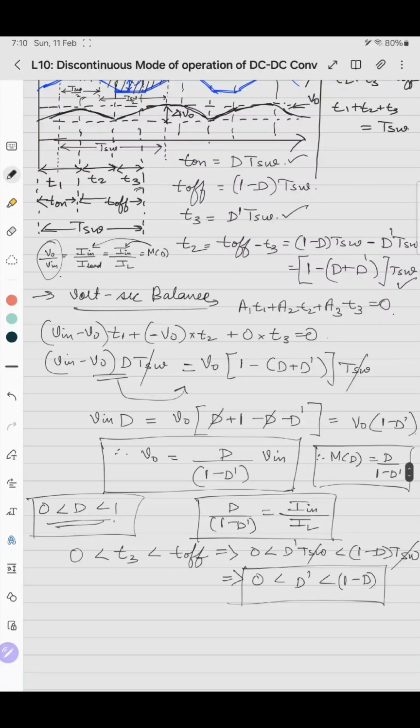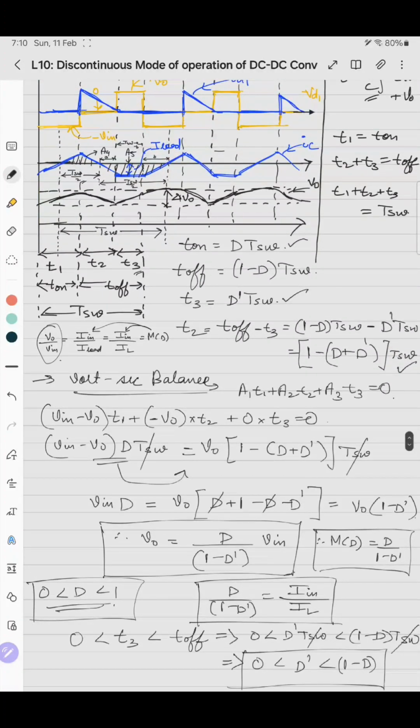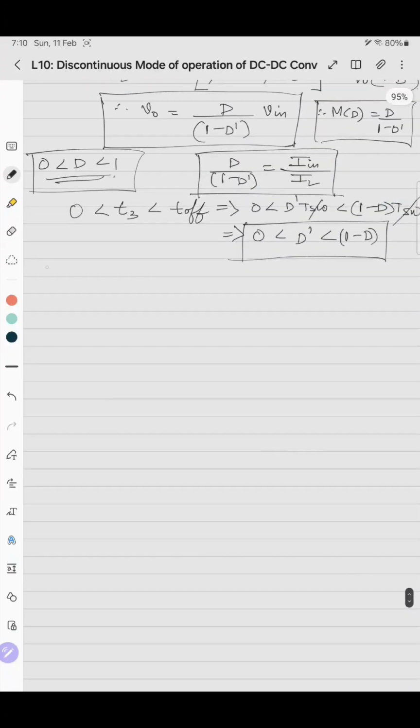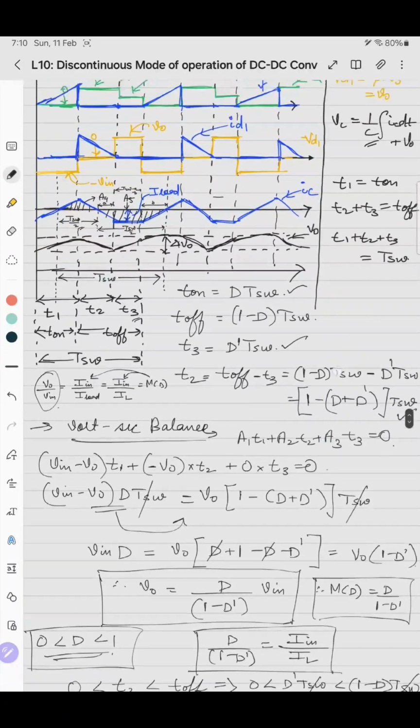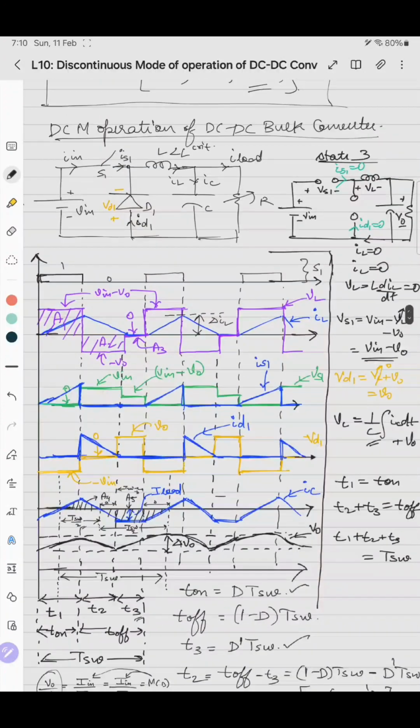We know what is the maximum and minimum range of variation of D dash, but it is not straightforward. We know only D. So the thing is, we have to describe D dash as a function of some other thing. We have to replace D dash with known terms. So we have to see how we will do it.